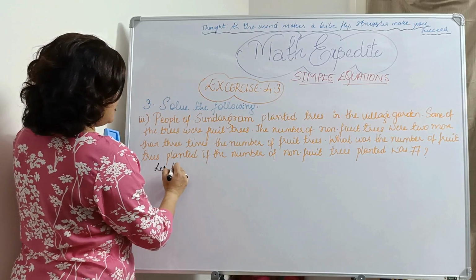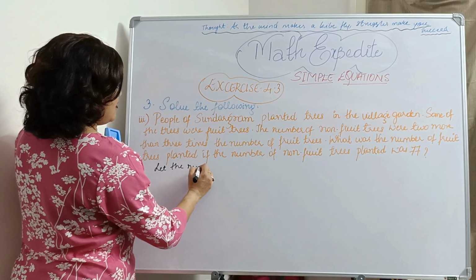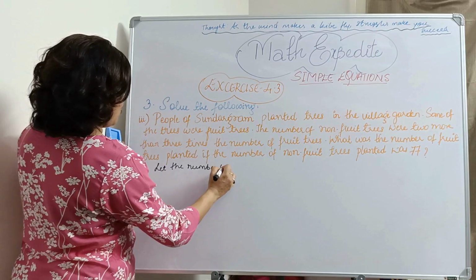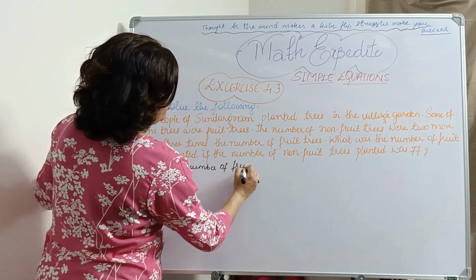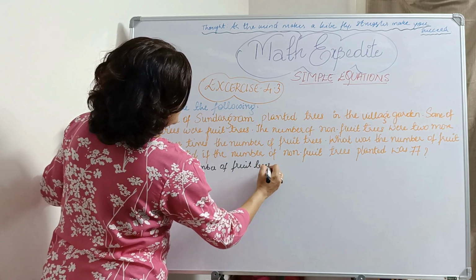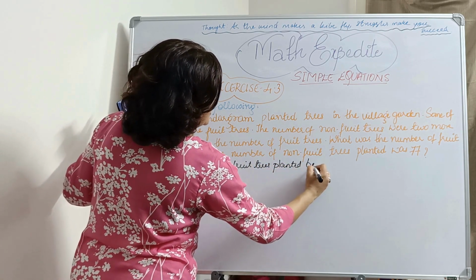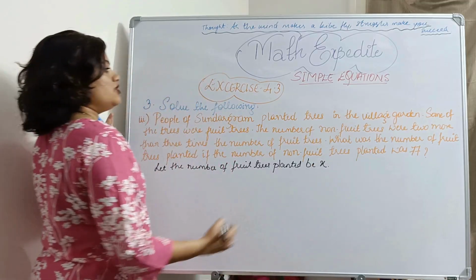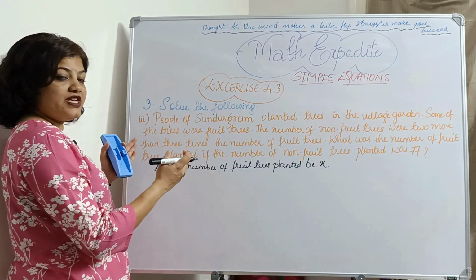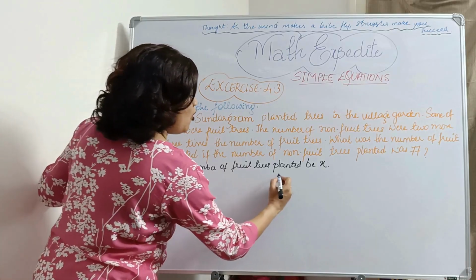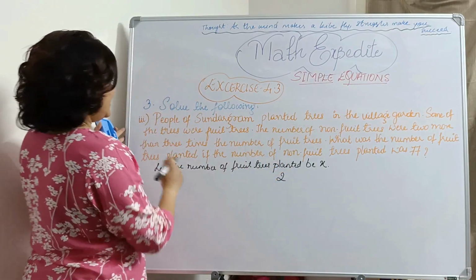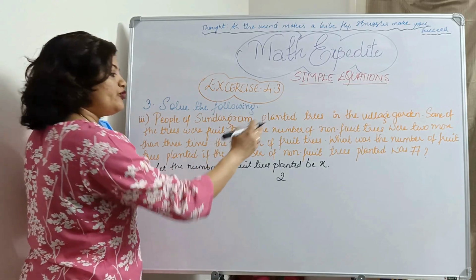Let the number of fruit trees planted be x. So the number of non-fruit trees were 2 more than 3 times the number of fruit trees.